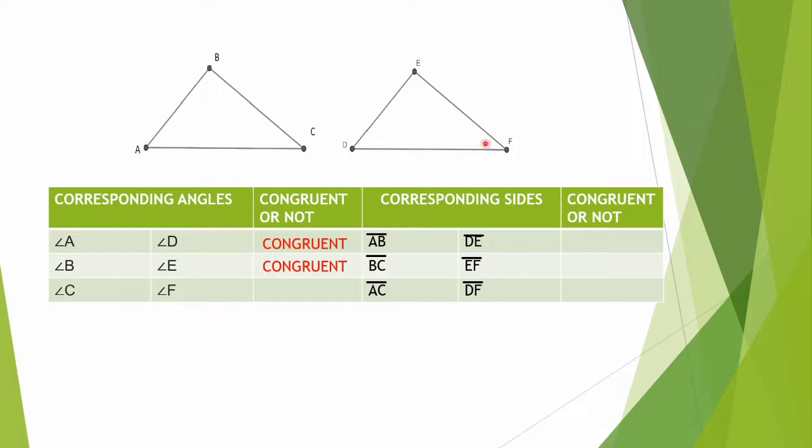Angle C and angle F are also congruent. How about the corresponding sides? Side AB and side DE are also congruent. Side BC and side EF are also congruent. Side AC and side DF are also congruent.